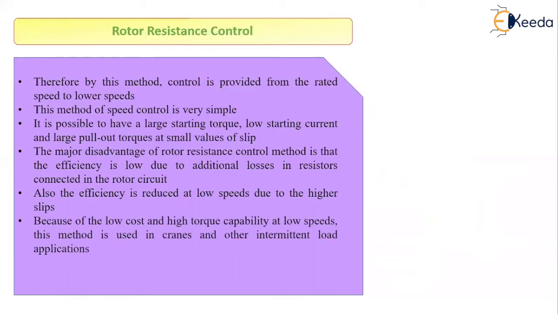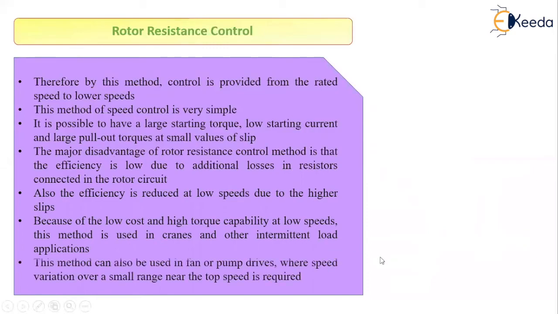Also, it is very low cost and has high torque capability at the low speed. This method can mostly be used for the cranes as well as intermittent load applications. This method is also most suitable for pump or fan drives because the speed variation over a small range near the top speed is required.